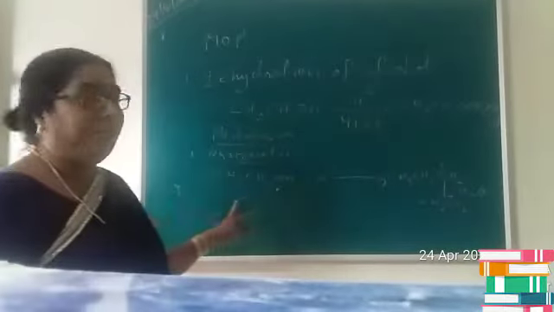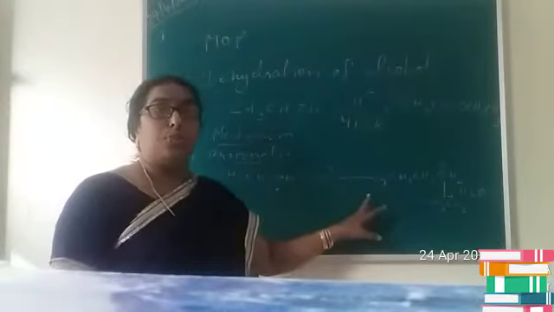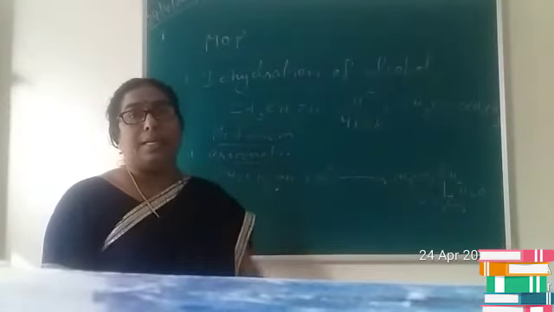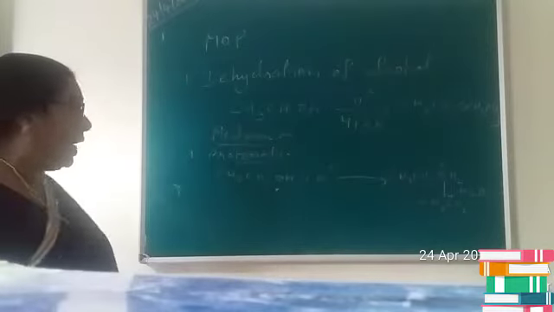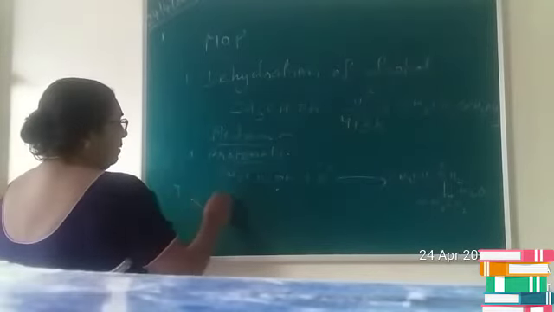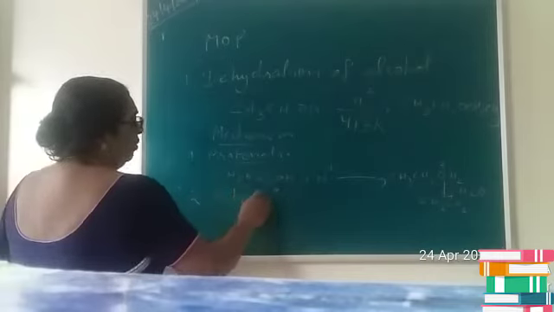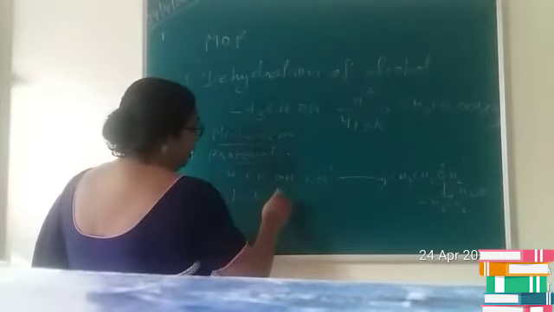Is it clear, children? In the second step, there is attack of the carbocation on another molecule of alcohol.